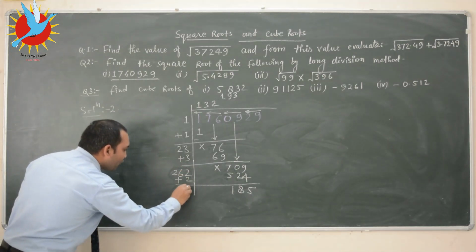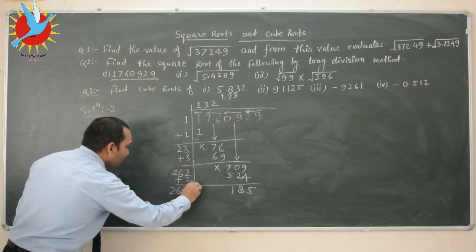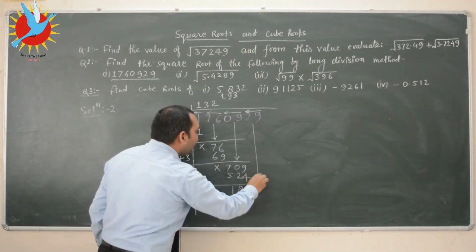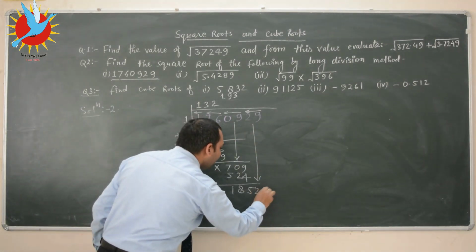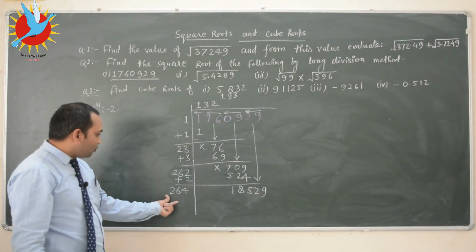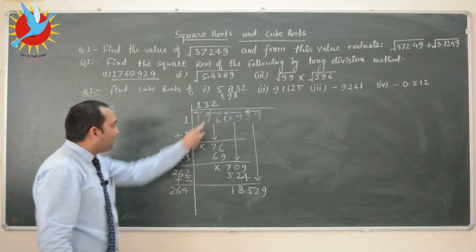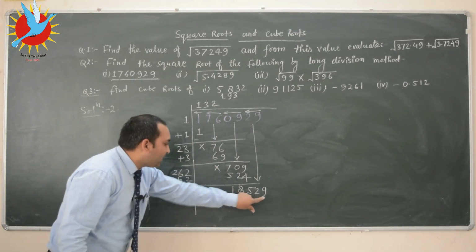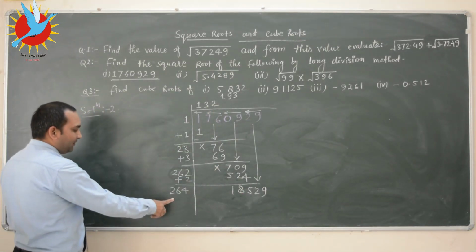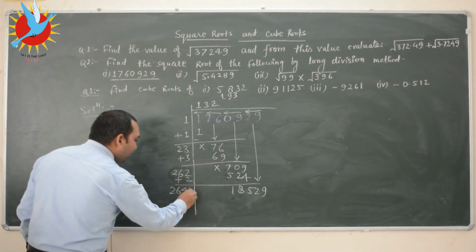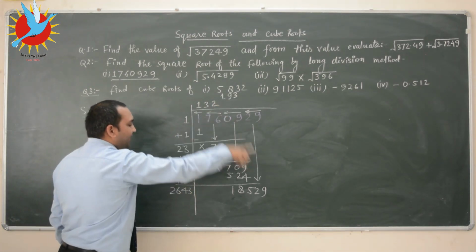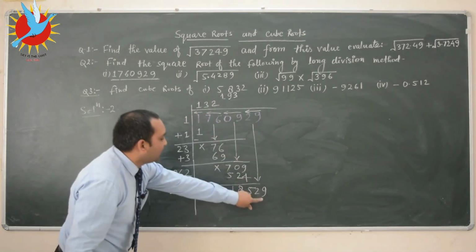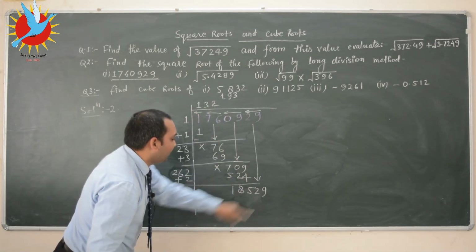So 2 to 4, 6, 2, 264, and we bring down here the pair of numbers, that is 29. So which number do we take here and itself multiply, the result should be 18,529. So either it will be 3, because 3 into 3 is 9, the one's digit should be 9, or 7 into 7 is equal to 49, the one's digit will be 9.